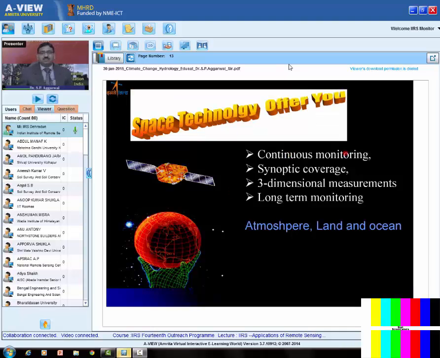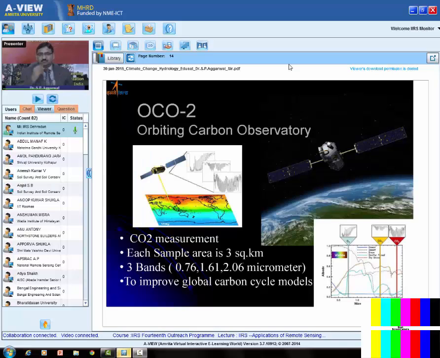So space technology offers you continuous monitoring, synoptic coverage, 3D measurement, and long-term monitoring for atmosphere, land and ocean. Now, let us discuss the different instruments and satellites available for measuring these parameters.